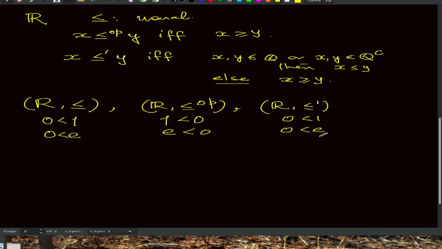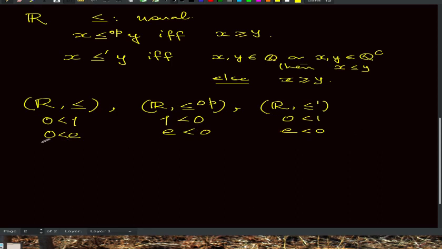No, here it's the other way around, sorry. So e is smaller than 0. So you see, different things have different answers depending on the partially ordered set that you take.